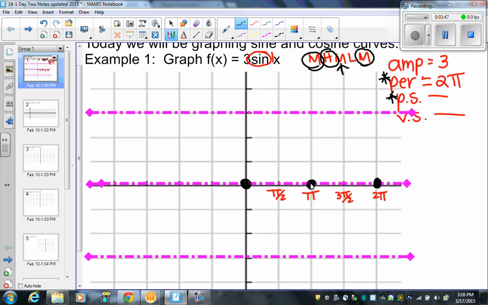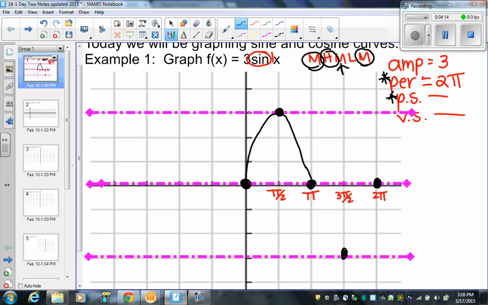Halfway between 0 and pi would be at pi over 2, at a high. And then we would do our low halfway between the other 2 middle points. So halfway between pi and 2 pi would be 3 pi over 2, and it goes on the low. So now I'm going to sketch my sine curve that looks more like a wave.